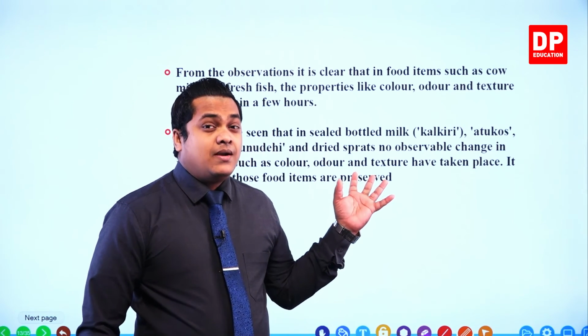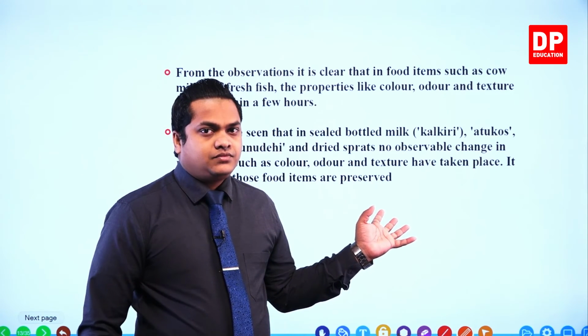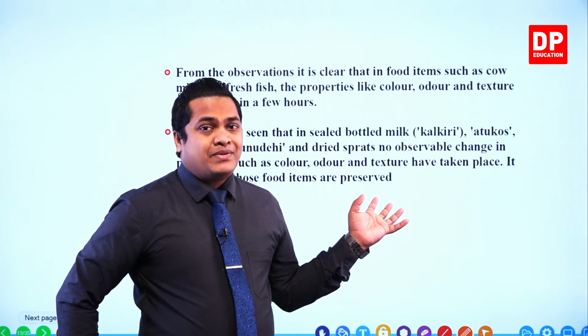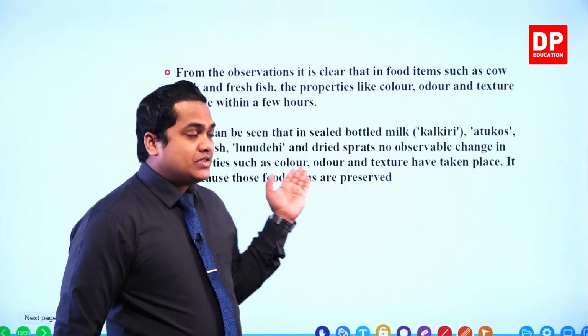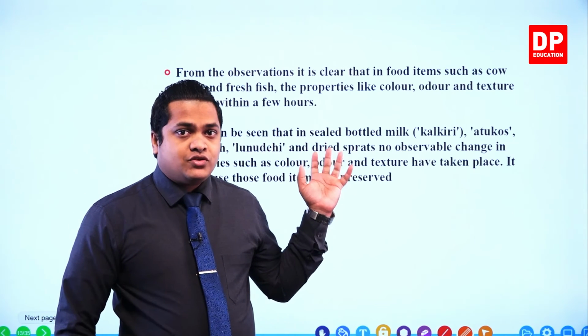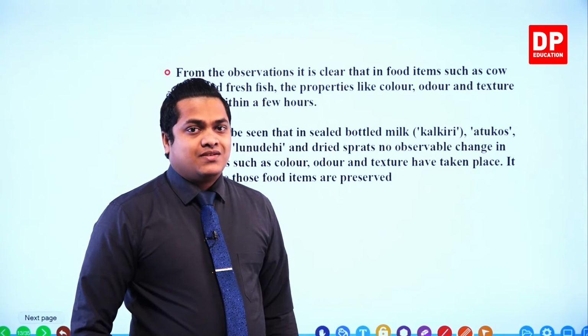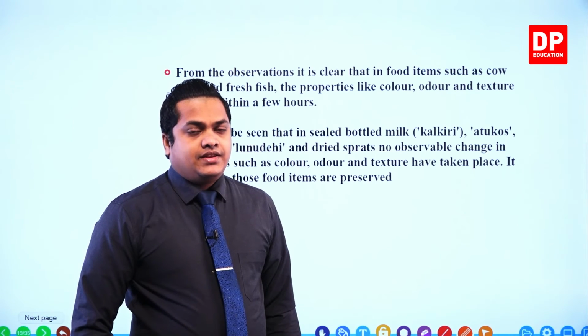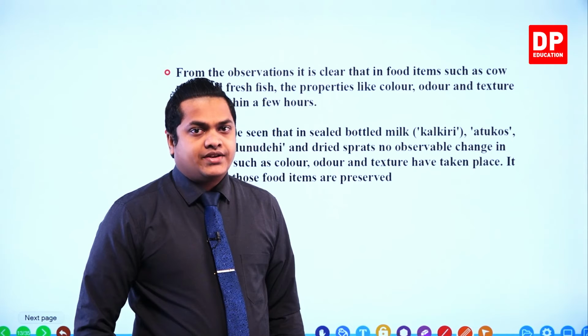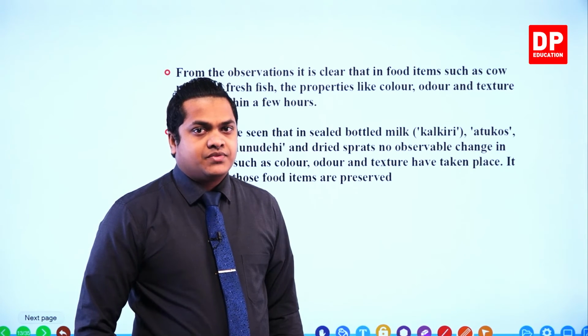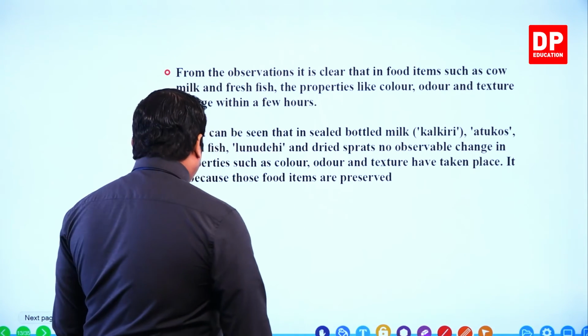What are the food items that were preserved? Those dried ones and sterilized or sealed milk. These were preserved, right? So like I said earlier, this is how to identify preserved food items.